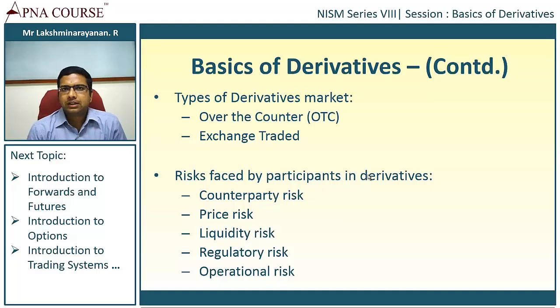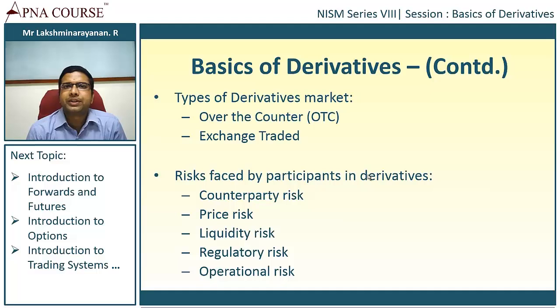Counterparty risk. This type of risk predominantly exists when the trade happens over the counter, because if the trade is happening over the exchange, then the trade is guaranteed by the exchange, and hence you would not have counterparty risk.